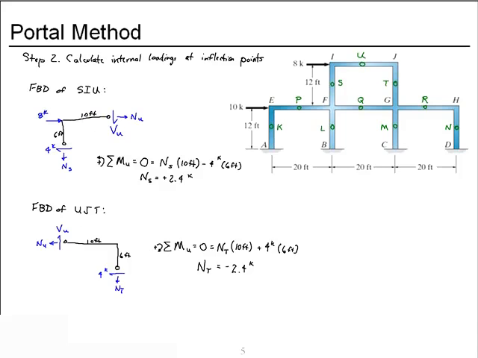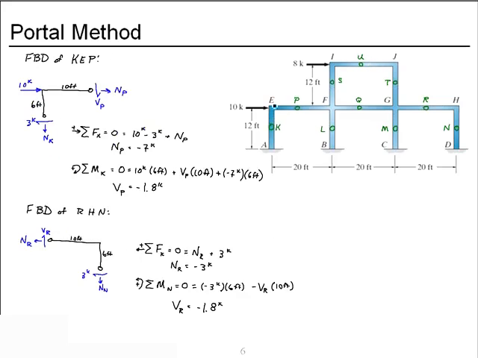We then began calculating internal loading specifically at the inflection points. With the Portal method of analysis, we have to start at pieces in the corners, because otherwise we have too many unknowns. So we started in the second story in the top left corner and also found internal loadings for the top right corner, then moved to the first story left corner and the first story right corner.